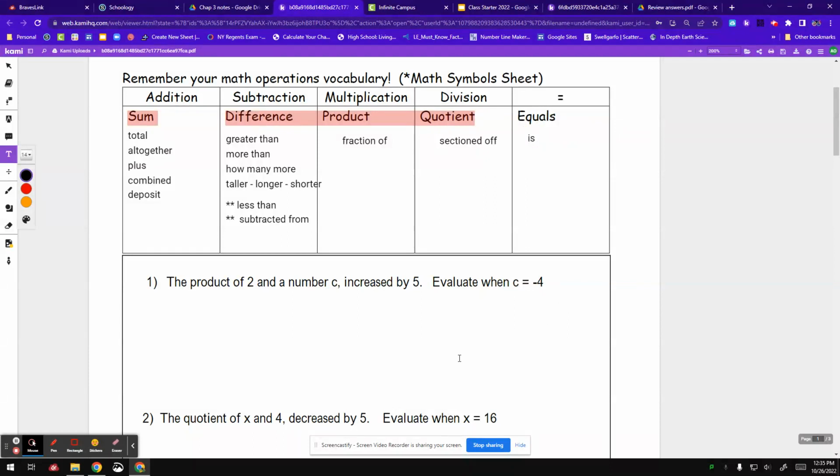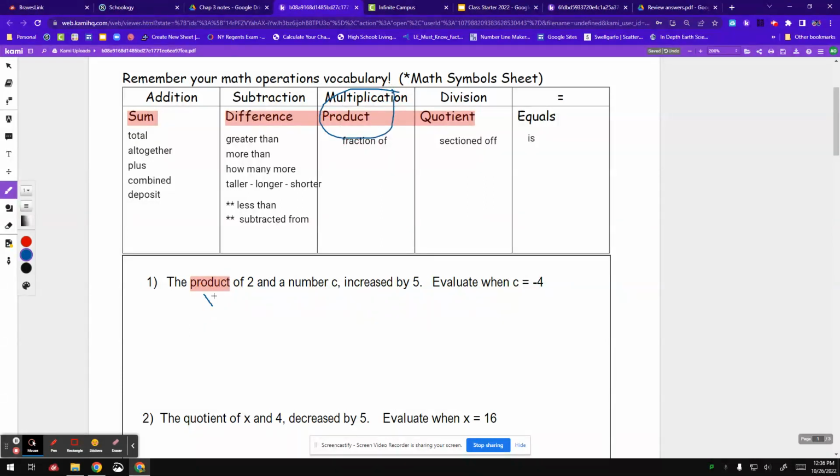We're just going to be doing expressions, but let's try and pick apart these words, because math is like a foreign language, because we're going to change these words into math symbols and numbers. Product tells us we're going to what?